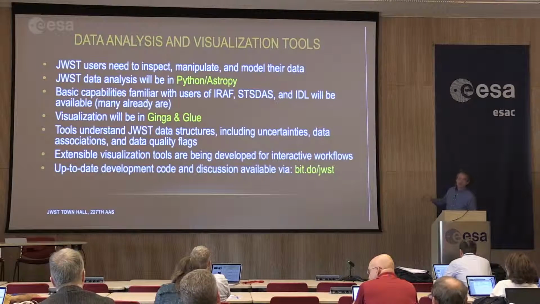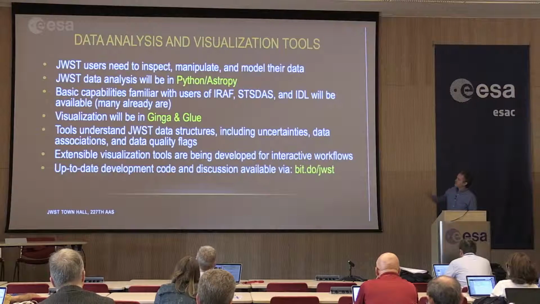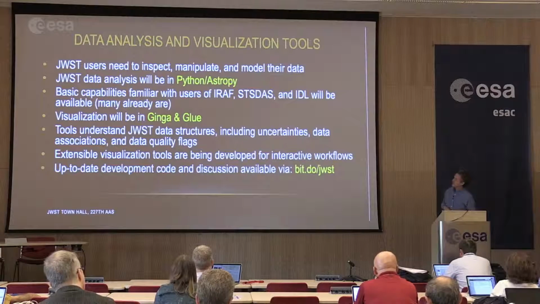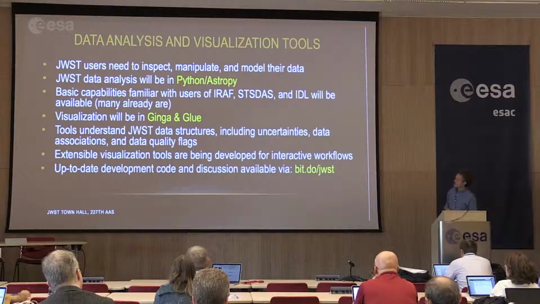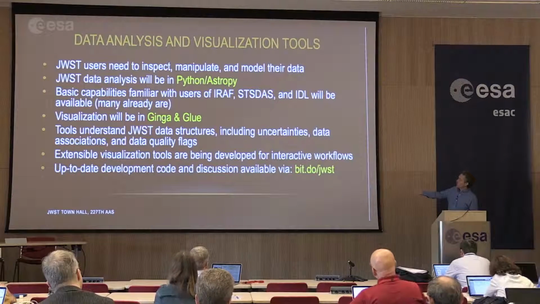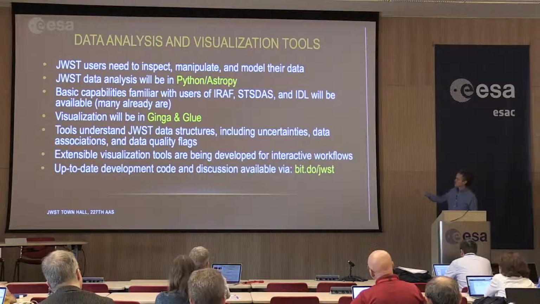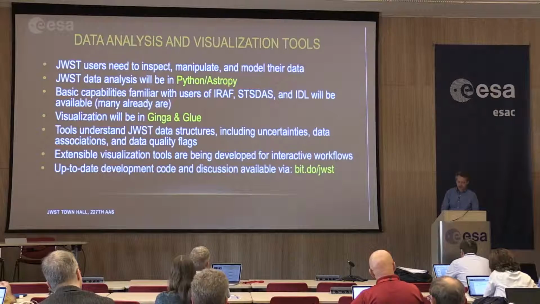We're not going to be doing STSDAS or PyRAF implementations for JWST. The visualization, as it says, will be with Ginga and Glue, which are tools that are out there already. We'll make sure that the tools understand JWST data structures. And so the code that we have developed along these lines so far is available. It's open source. It will be open source throughout the project.